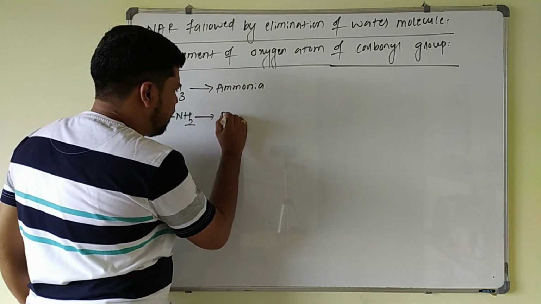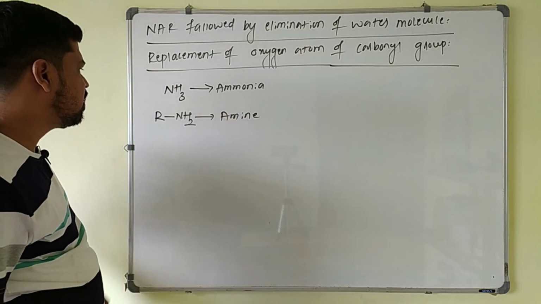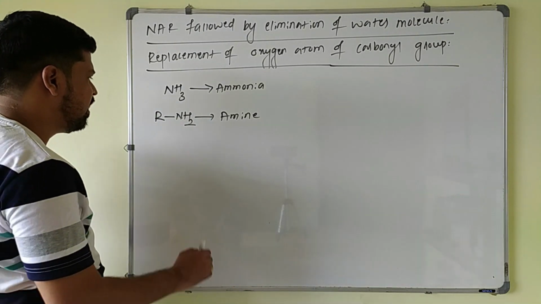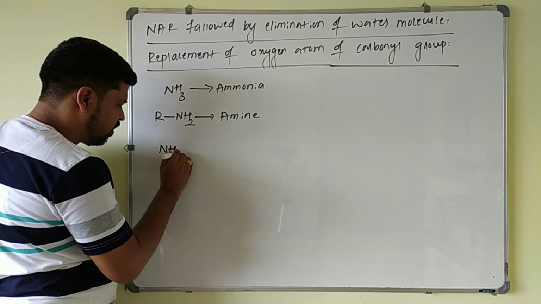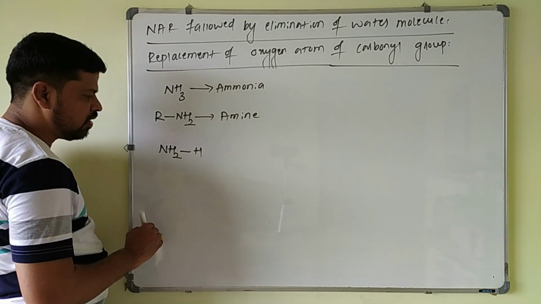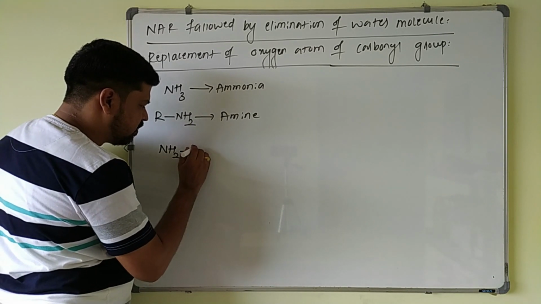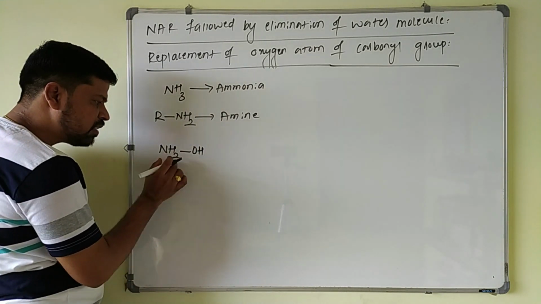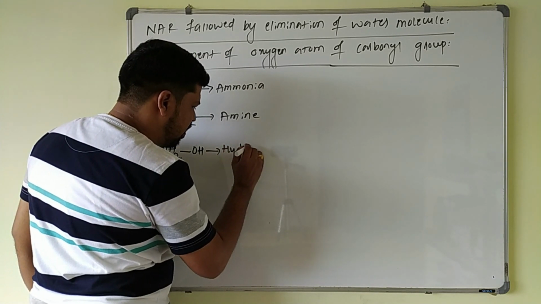This is your amine. If a hydrogen atom of ammonia is replaced by an OH group, suppose I take NH2 and this is hydrogen, ammonia, instead of this hydrogen if I write OH here, this becomes hydroxylamine.